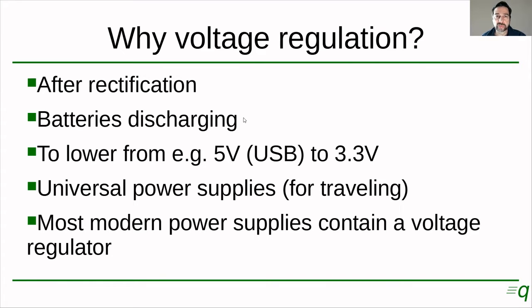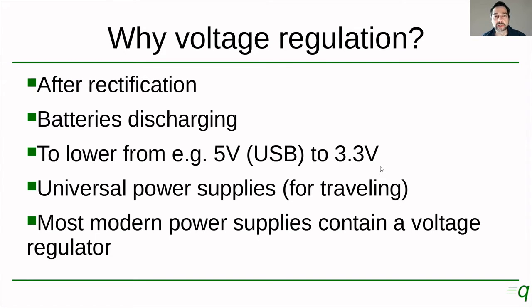So we could use a voltage regulator to maintain a constant voltage as the battery is discharged. Another application would be to lower voltage from 5 volts, which could be provided by a USB port, to, say, 3.3 volts, which is a pretty typical voltage that many digital circuits use nowadays.